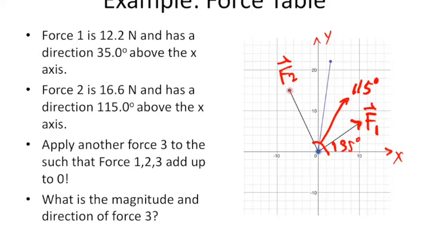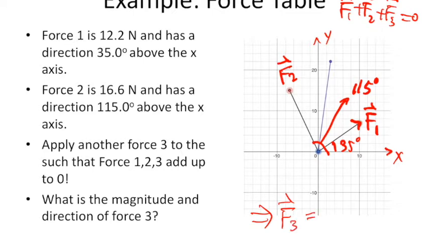Now we want to find a force which can balance F1 plus F2. So F1 plus F2 plus F3 should give us 0. Eventually F3 should equal negative of F1 plus F2.